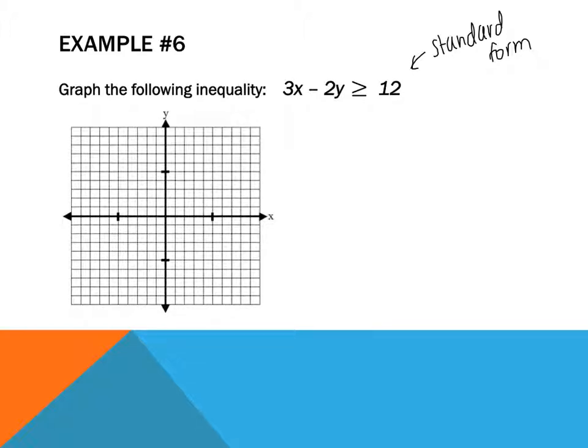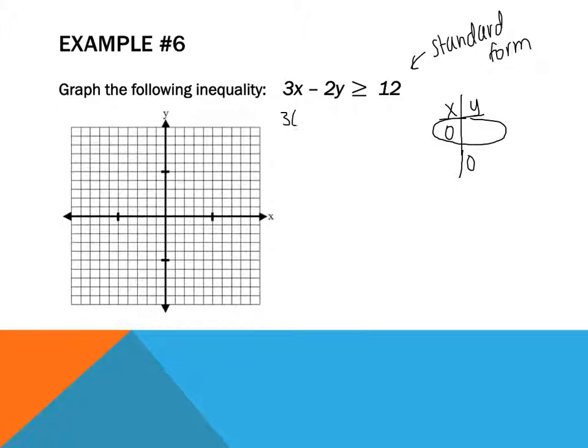So what I'm going to tell you is to make an XY chart. If you don't like this way, I'm going to show you another way in a minute. But make an XY chart. So basically, you're going to look for 2 points. This is saying I'm going to substitute in 0 for x and solve for y.